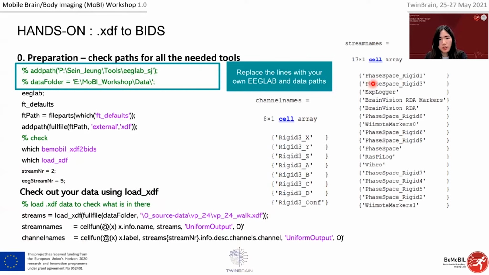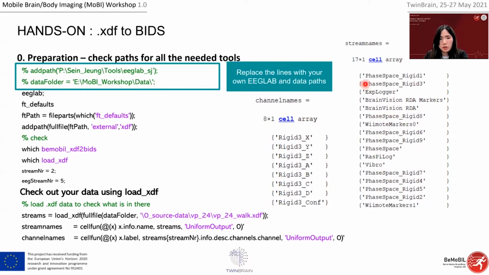They have really cryptic names: phase space underscore rigid 1, 3, 8, 6, 9. You don't know which body parts there are, or where the markers were on. Then there is the EEG stream, BrainVision RDA, and the rest of the streams are all markers or events.